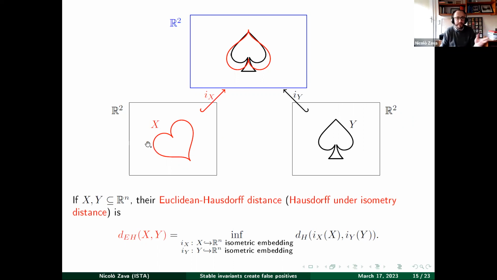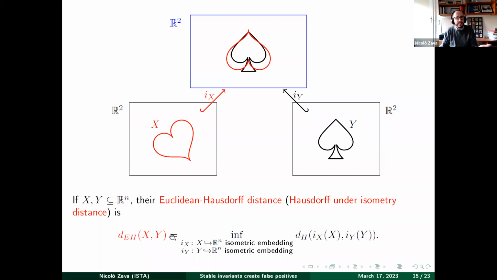As in this picture, we have X and Y that are subspaces of R^2, and we just look for isometric embeddings into R^2, then take the Hausdorff distance there and minimize over all possible embeddings. It's called the Euclidean Hausdorff distance, or the Hausdorff under isometry distance.